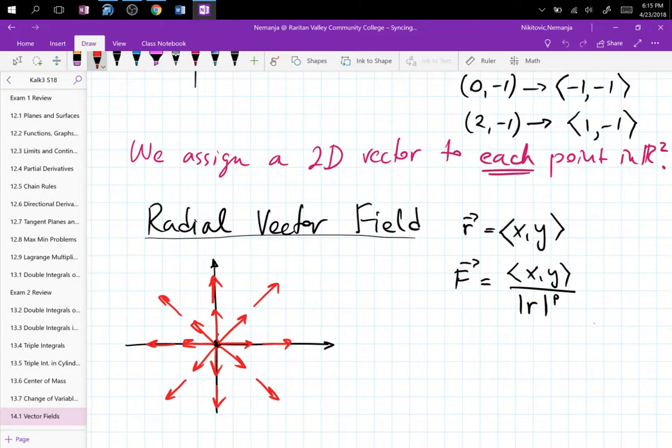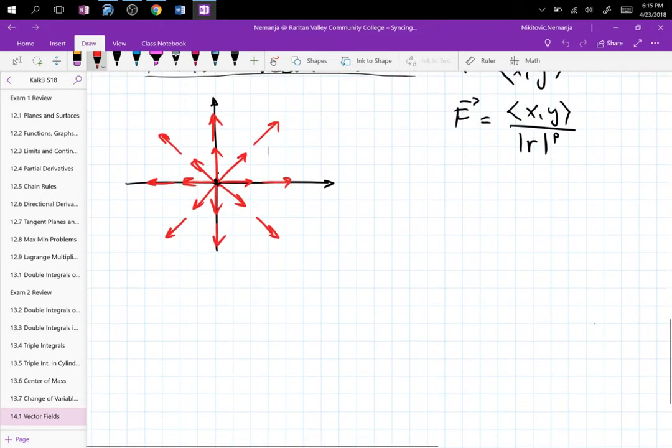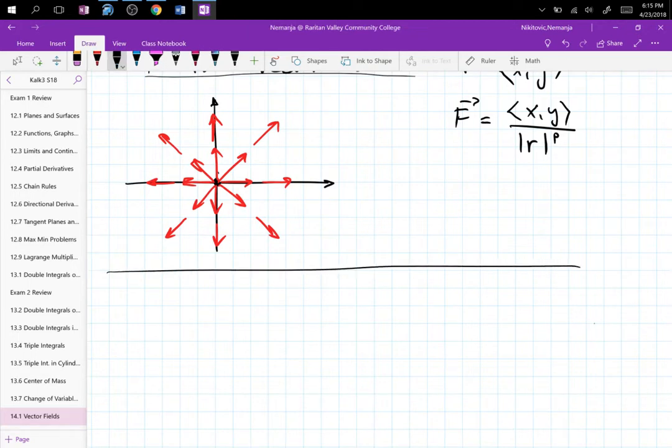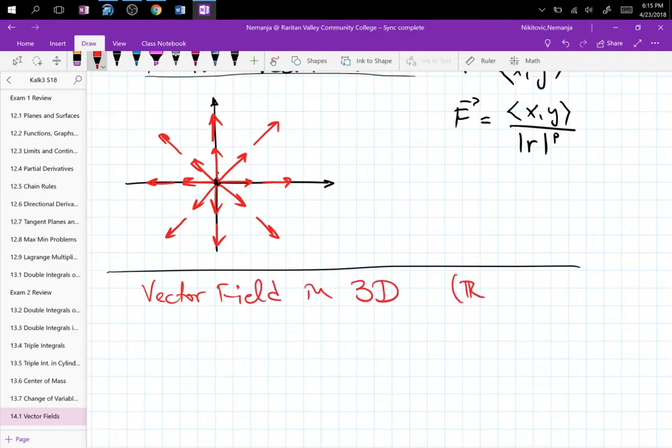The next one is the 3D. So now we're talking about R3, which is XYZ.